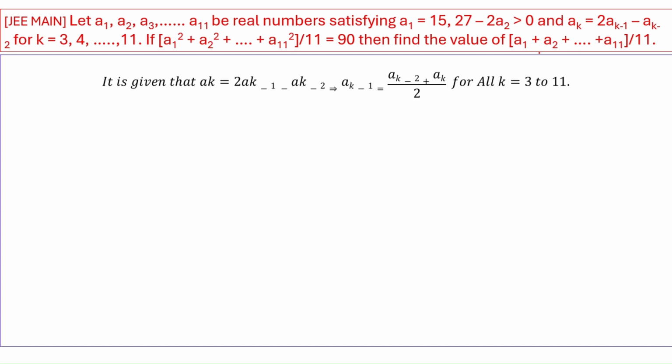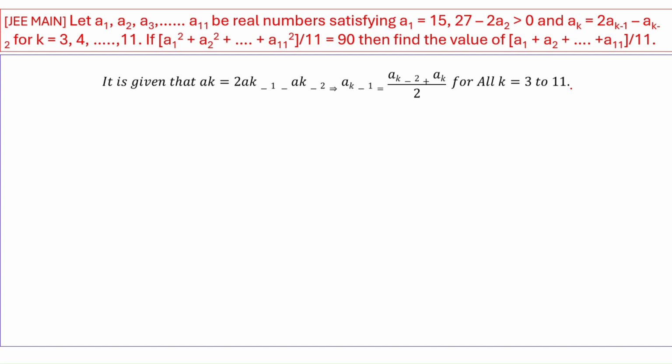So this is ak given as 2ak minus 1 minus ak minus 2, which means ak minus 1 equal to ak minus 2 plus ak by 2. This is for all k equal to 3 to 11 terms, correct?